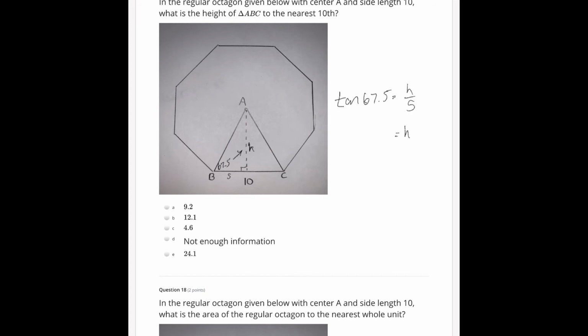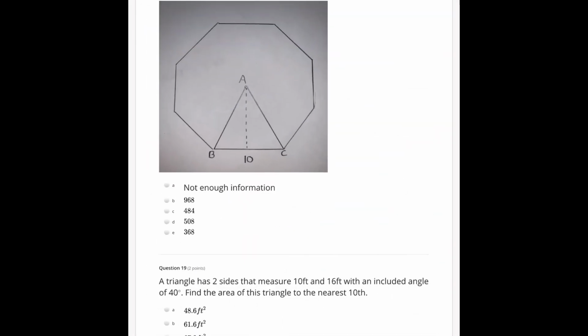So my height is 5 times tangent 67.5. Let's do that in the calculator. 5 times tangent 67.5. So my height is 12.07, which is 12.1 to the nearest tenth.